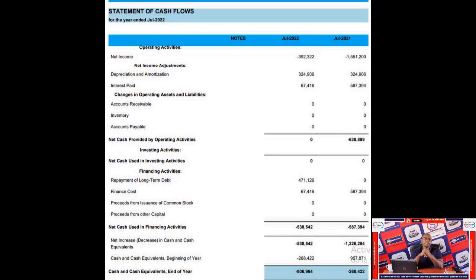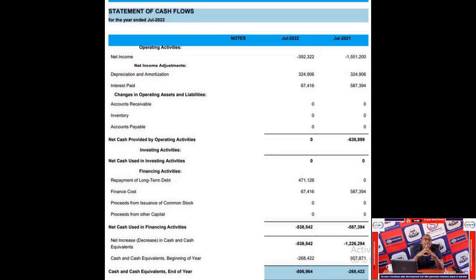Remember in business they say cash is king. So cash flow is king. It eliminates the non-cash items that you have in your income statement, and now it combines it with your balance sheet to see how you are doing cash-wise. That is the cash flow in short.